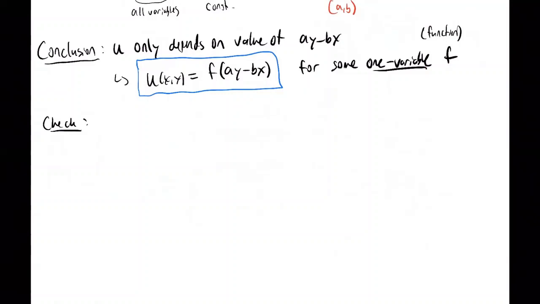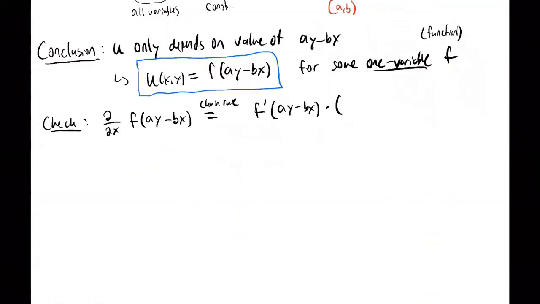right? And so let's first take the derivative with respect to x of the thing on the right-hand side. So the derivative with respect to x of f of ay minus bx. Well, we have to use the chain rule, right? So this is going to be equal to whatever the derivative of f is. So I'll put f prime evaluated at this point.